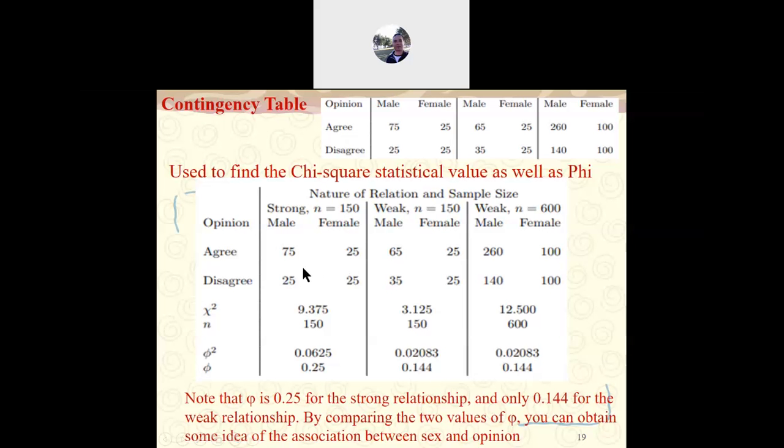Or the total number, as I said in the previous thing. Okay, phi is 0.25 for the strong relationship and only 0.144 for the weak relationship. So this one is stronger than this one. Okay.